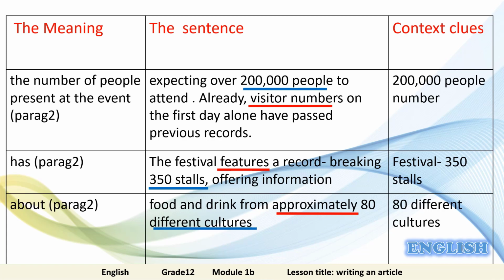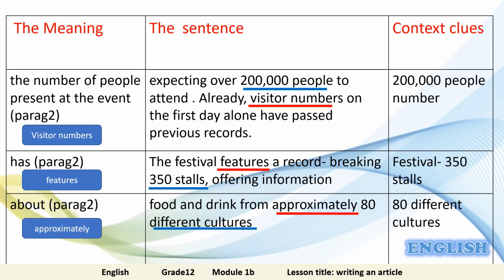Food and drink from around or about 80 different cultures. Sounds really correct. So, number of people here means visitor numbers. Has means features, and about means approximately.